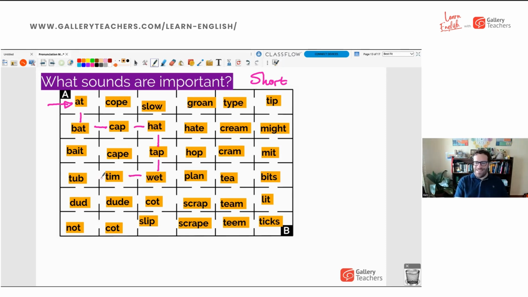Then tub. Good. Well done, Amel. Dud. Not dude. Then cot. Slip. Cot again. Scrap. Now, scrape, team, plan.